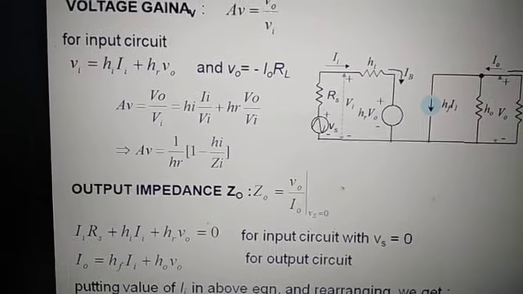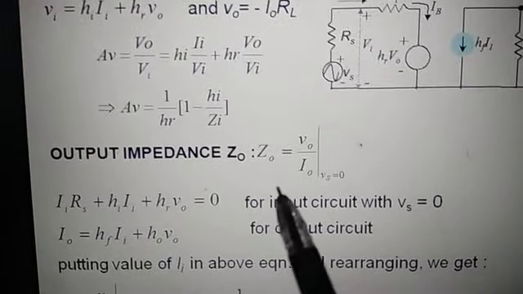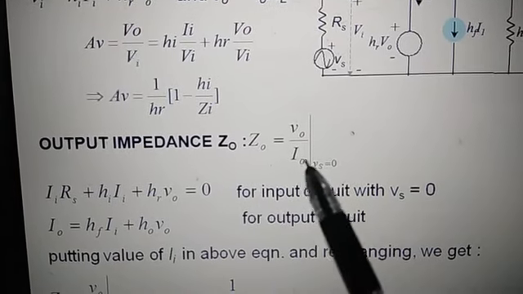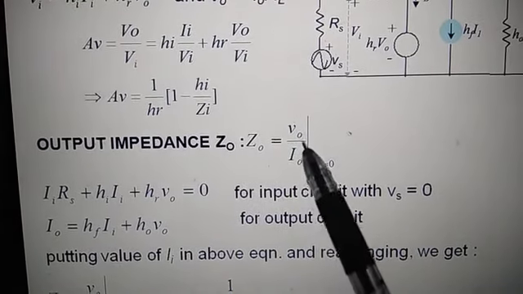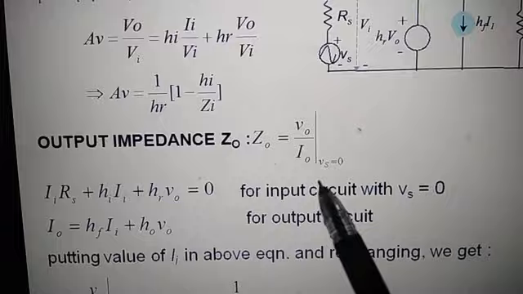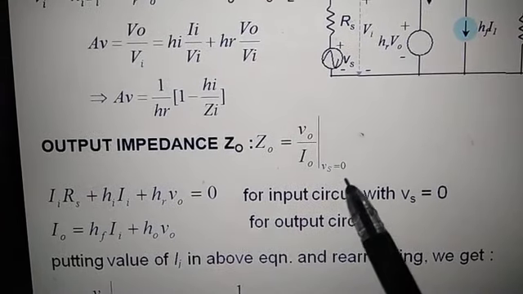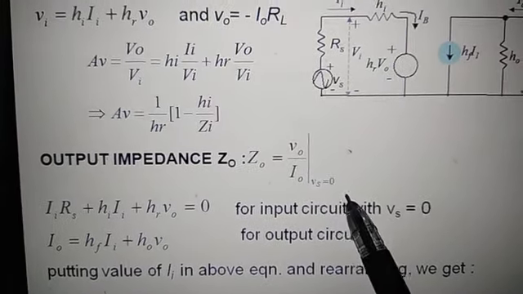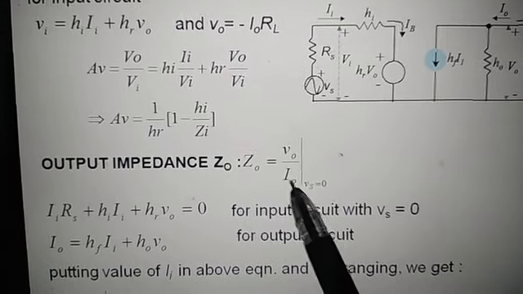We write the equation for the output impedance: Z0 is equal to V0 upon I0, output voltage upon output current when the source voltage is 0, that is shorted. This is called the output impedance.